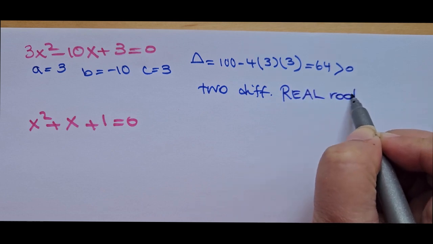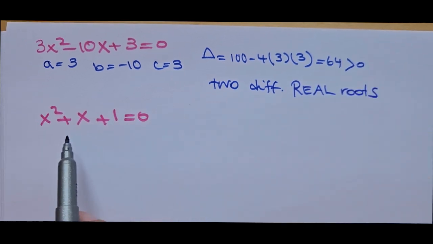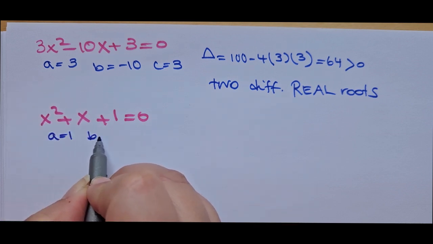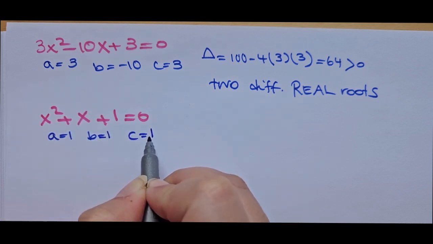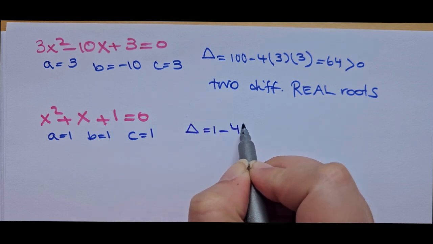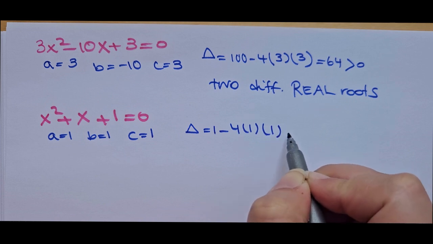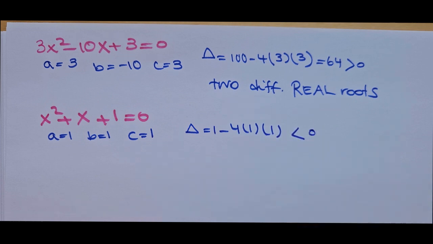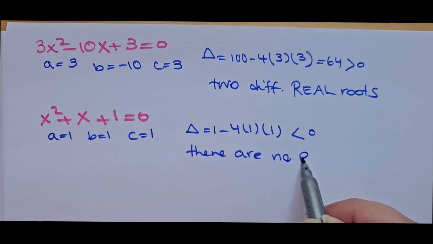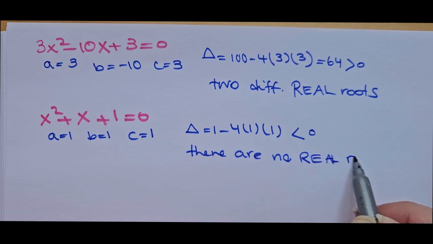Okay, perfect here. Now, the last question for this video is that a is 1, b is 1, c is 1, and then the discriminant is b squared minus 4ac. As you can see here, the discriminant is less than 0, so you would say that there are no real roots.